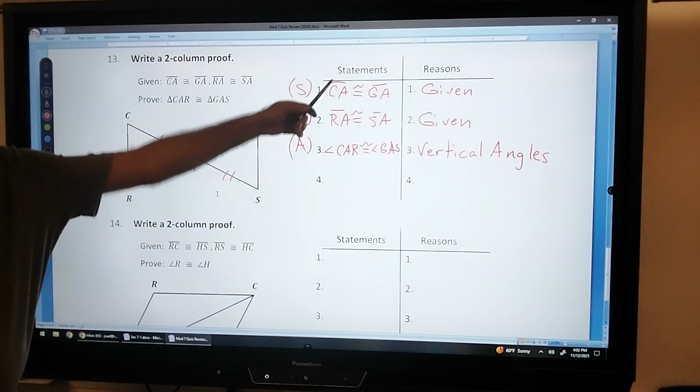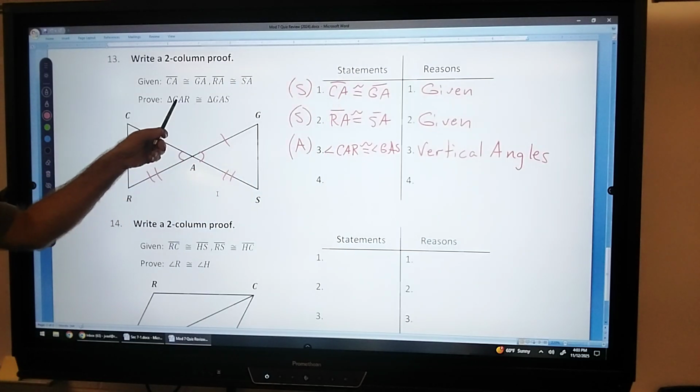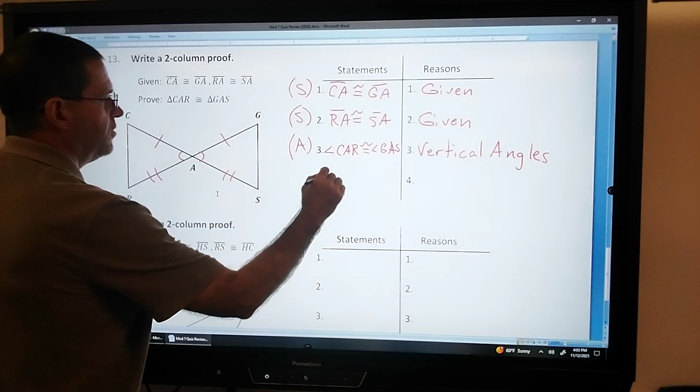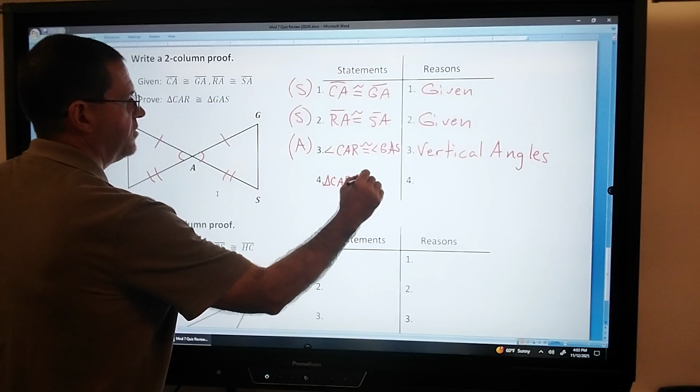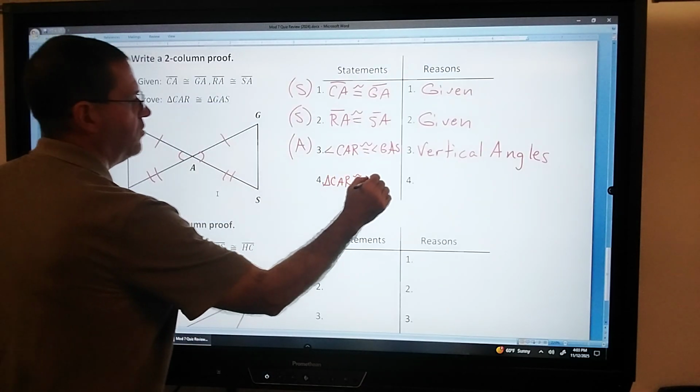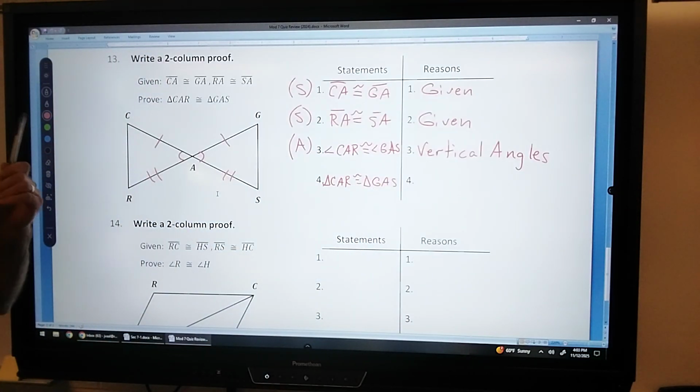And now the last one. Remember, the last statement is always, always, always what you are asked to prove. So triangle CAR is congruent to triangle GAS. And for the reason, this would be one of our 5 ways to prove triangles congruent.